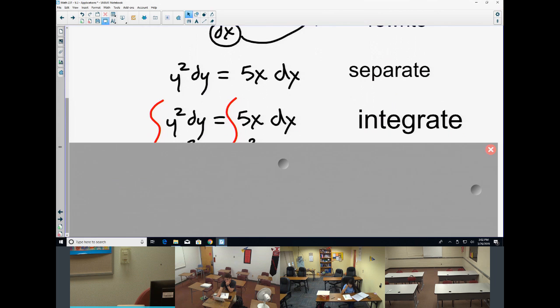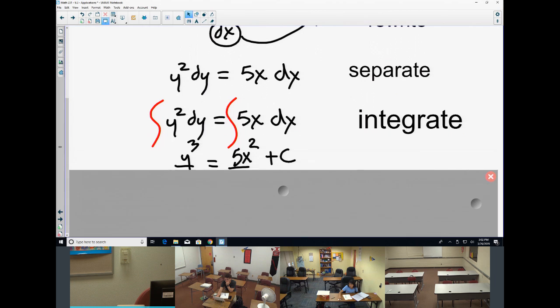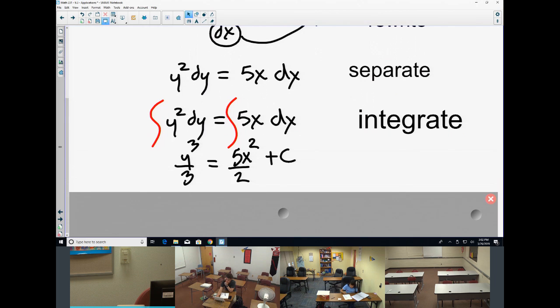Would it be, you add 1 to the exponent, 5x squared over 2? Yes, because then you divide by that. And then you have to put a plus c on one side or the other. Okay? That's it. That's the answer. So that's definitely easier than what we were doing yesterday. So you just want to remember how to do the separation of variables.